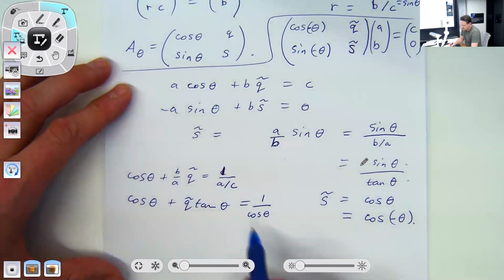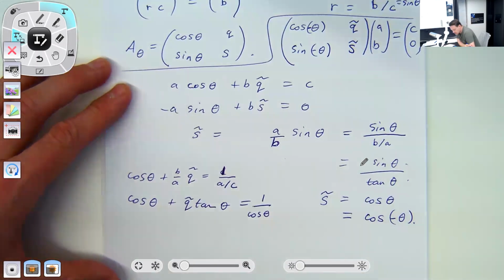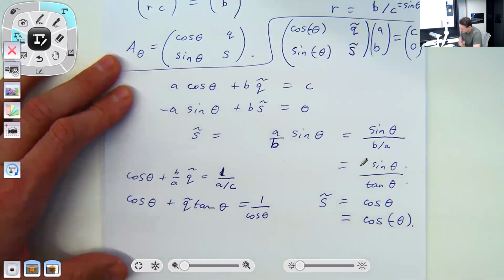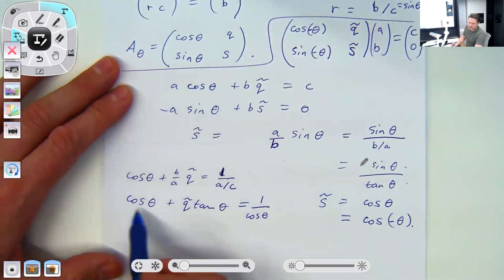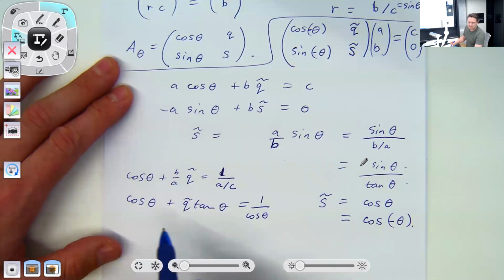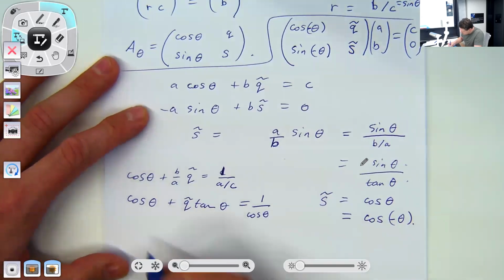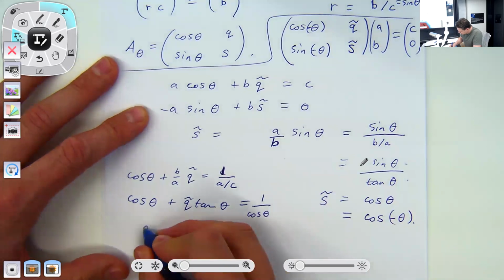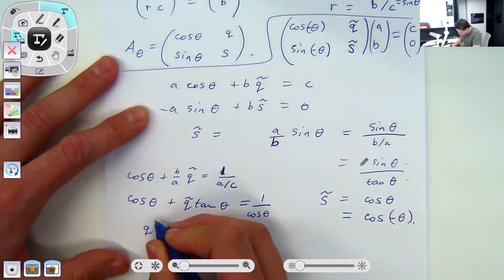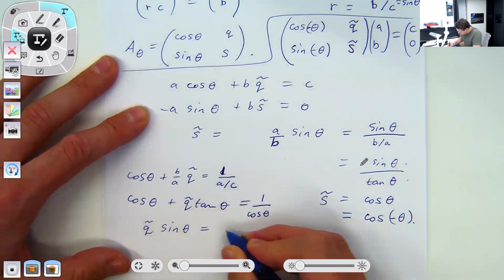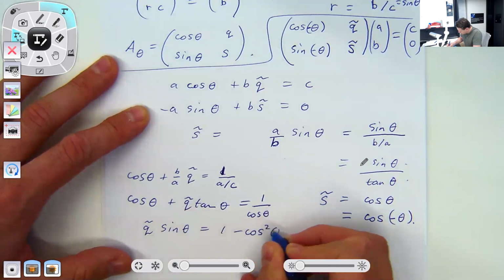All right, now the tan has a cos in the denominator, so it seems that we should multiply throughout by cos theta here. All right, so we'll have a cos squared there, a sine there, and a 1 there. Right? So this gives us q tilde sine theta is equal to 1 minus cos squared theta.